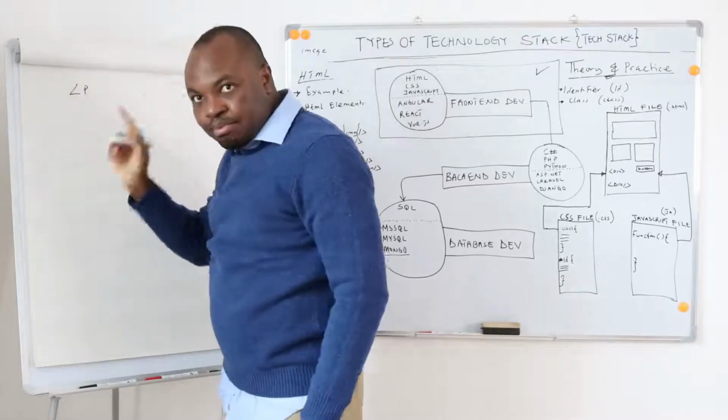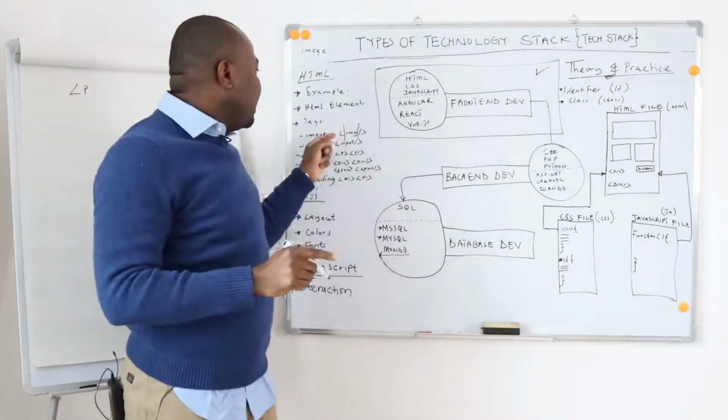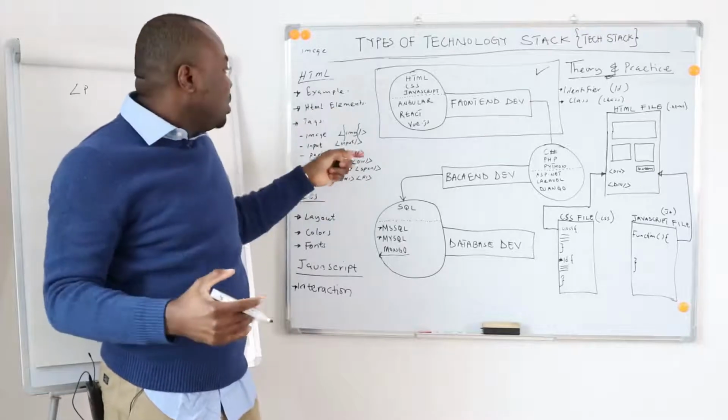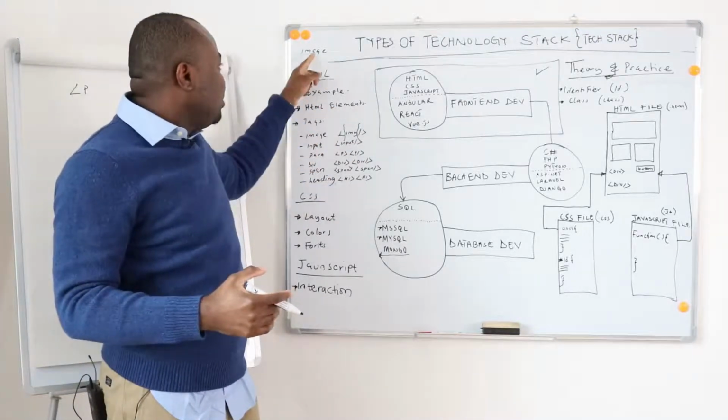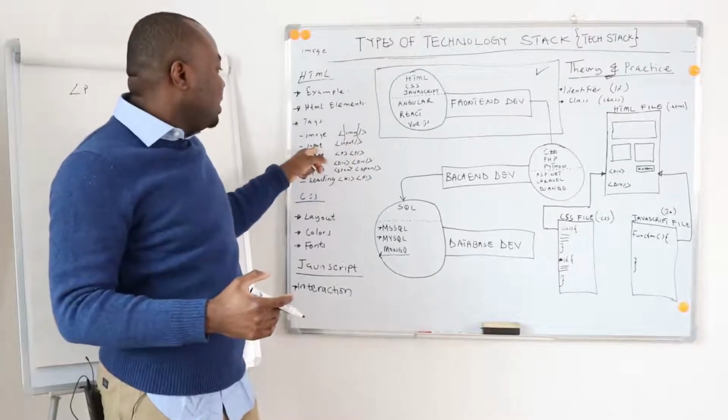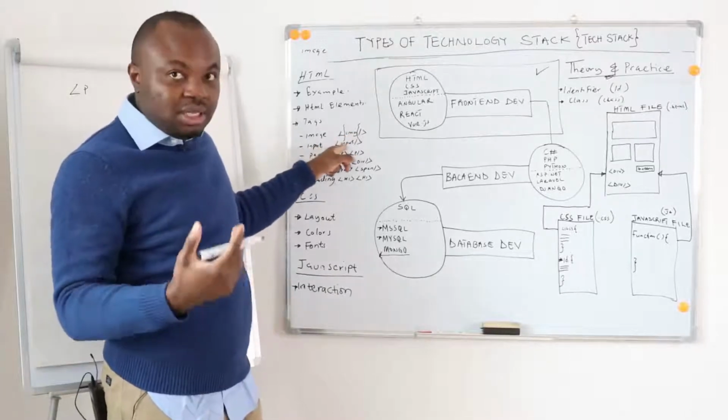That is the symbol. So you have the element, the full name of the element, and their symbols. For image, the full name is image, but the symbol is img. For input, the name is input, and the symbol is input as well.